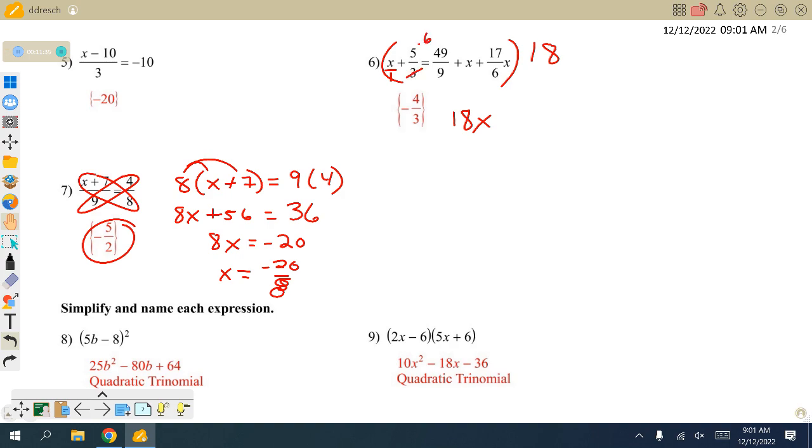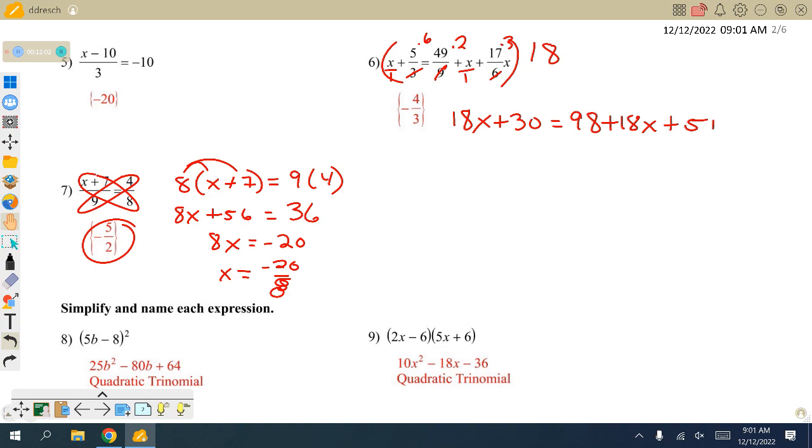And 5 times 6 is 30. 18 divided by 9 is 2. 49 times 2 is 98. Right here, again, doesn't have a denominator. Cool. 18 times 1 is still 18x. And 18 divided by 6 is 3. And 17 times 3 is 51.